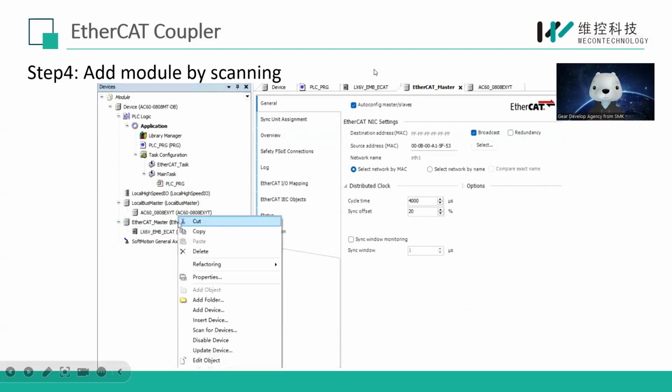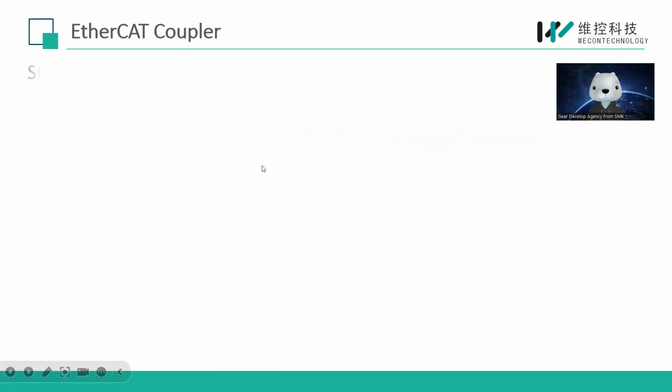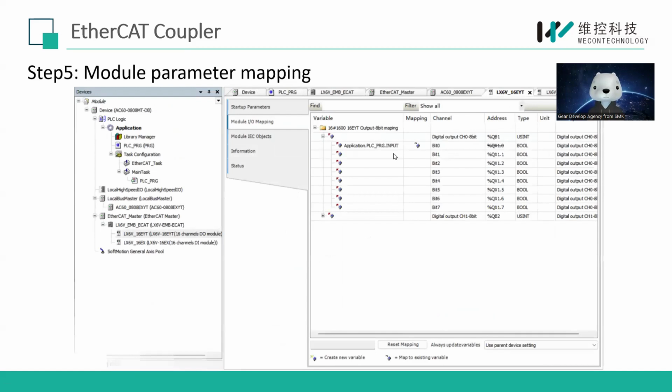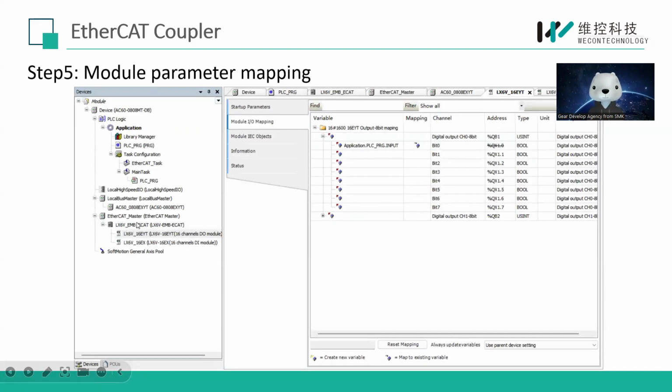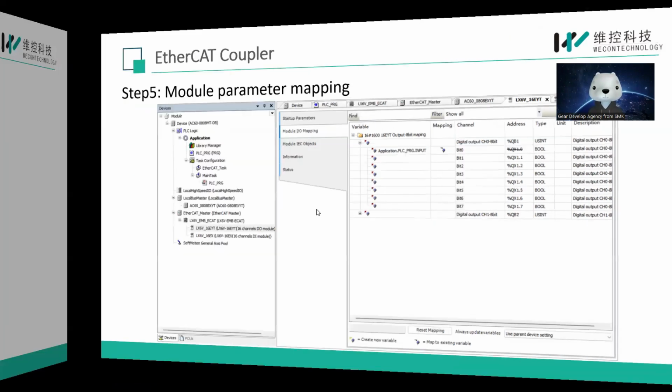And also after configuration of the EtherCAT coupler and the connected modules, we need to map this input or output terminal to our variable. And this tab is also the same as with the local modules. So here we can skip these tabs, input and output.